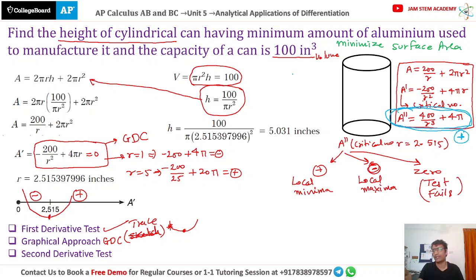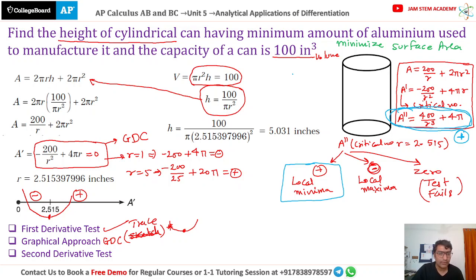Obviously there is no negative sign, right? 400 upon 2.5 something whole cube is positive, plus 4 pi is also positive, positive plus positive is positive. So the double derivative is positive. That means we are getting a point of local minima at radius equal to 2.51 something. So in this way you can use the double derivative test also.